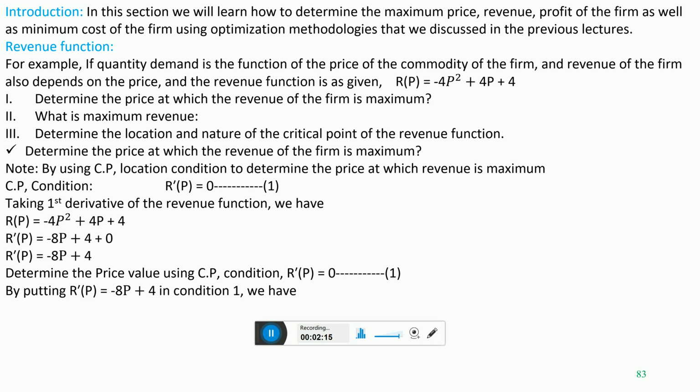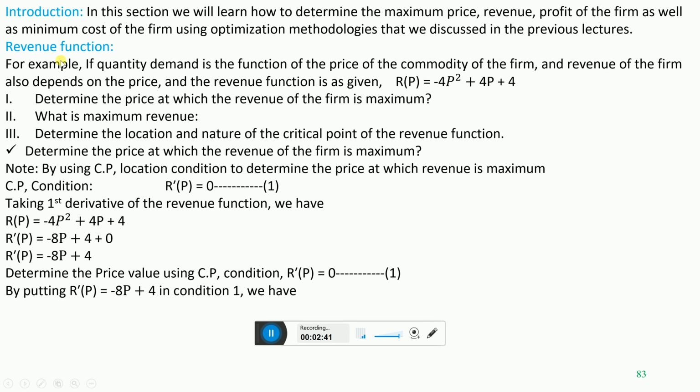We will use optimization methodologies to determine the maximum profit of the company as well as the minimum cost of the company. So in the optimization application, we will use the different optimization methodologies to define the maximum price, revenue, profit or minimum cost of the company.